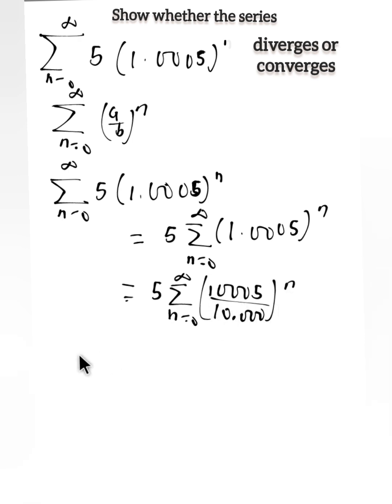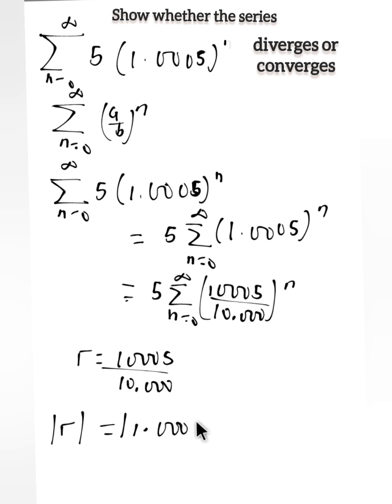So r is equal to 1.0005 over 10,000, and the absolute value of r is equal to, if you divide this, obviously it will still give us back 1.0005, which is greater than 1. Hence the series diverges.